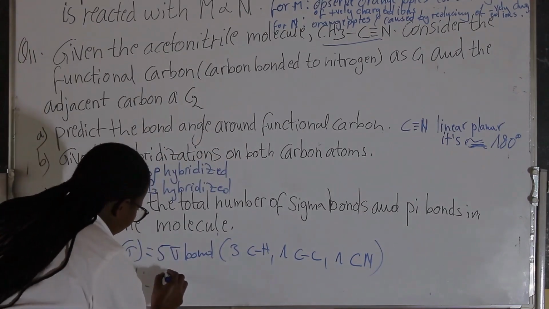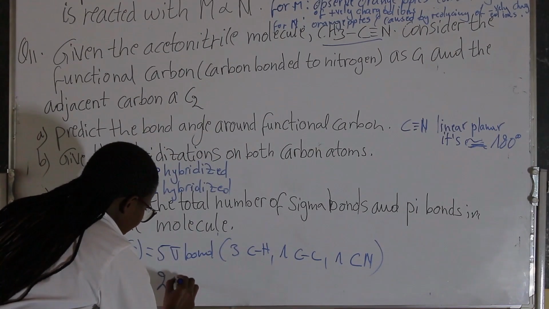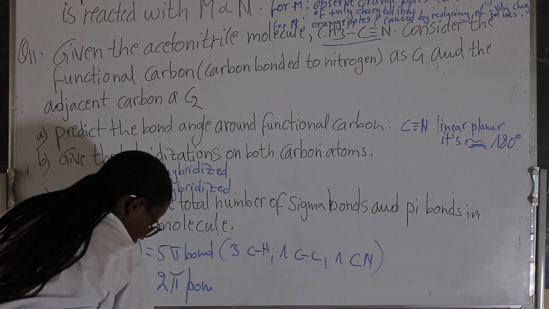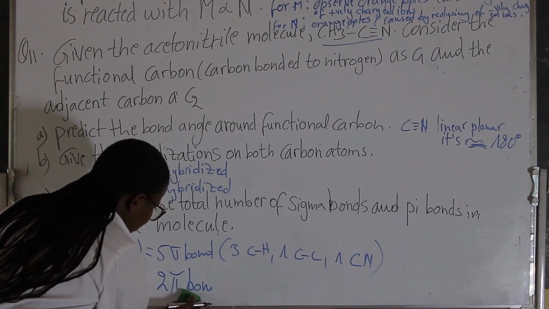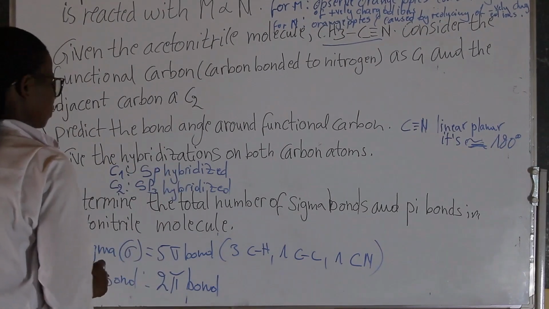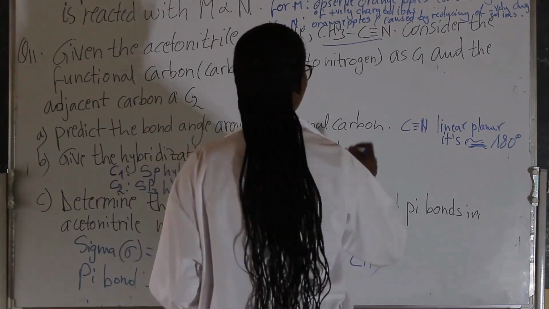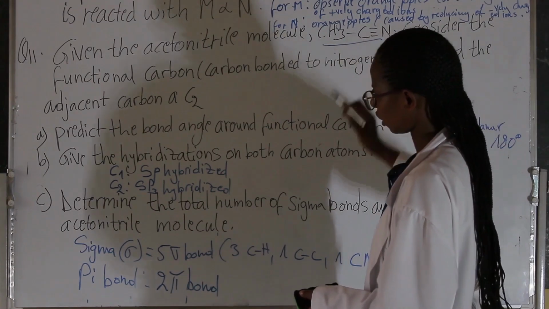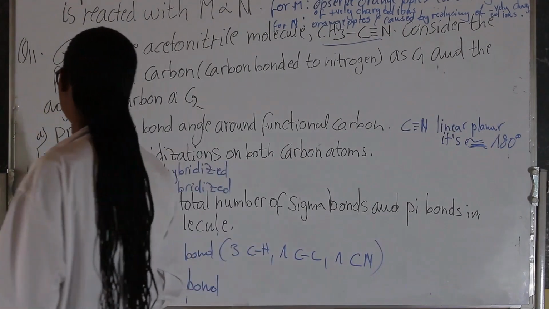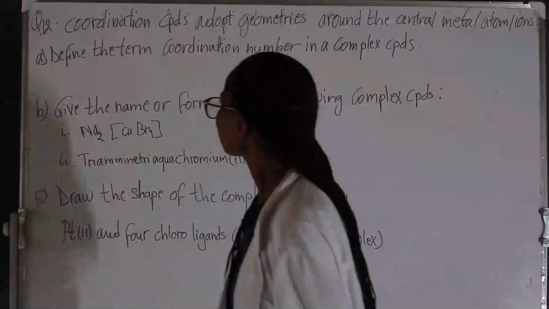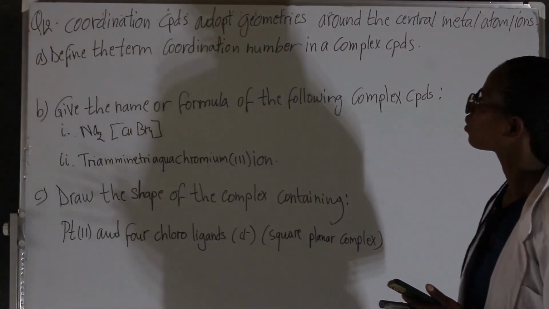Then you have two pi bonds from this C-N. Let's move to the next question. Let's move to question 12.